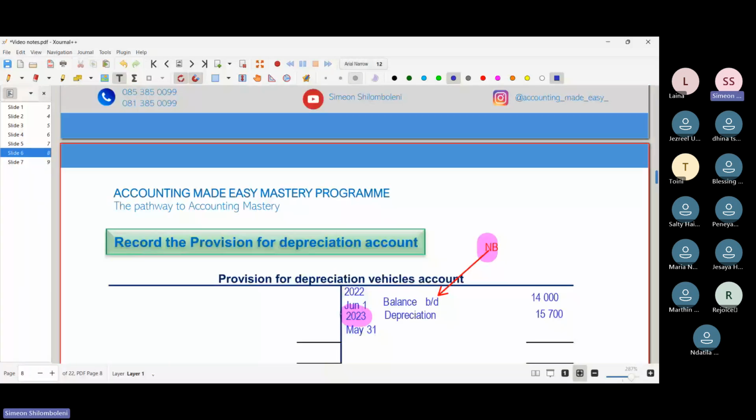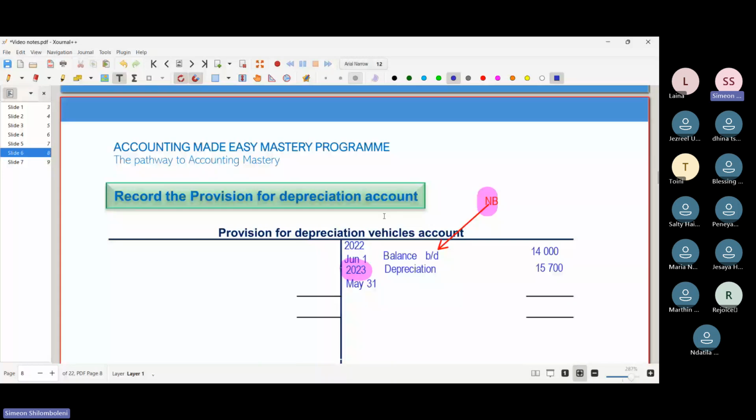Provision for depreciation is a negative asset. We close it off on the small side. Obviously, this is the small side. We need the total here. This one I don't have to explain. We already know. I think it's 29,700. Here it's also going to be 29,700. But here I need to ask you, what detail must I put there?